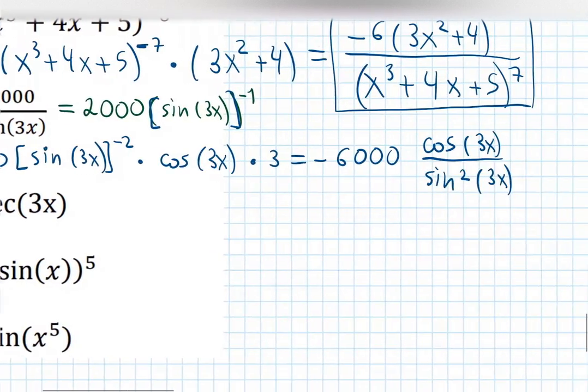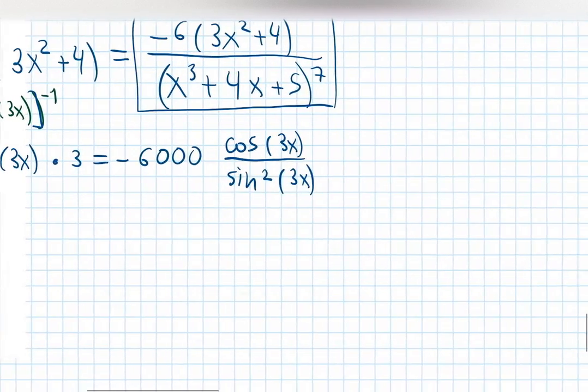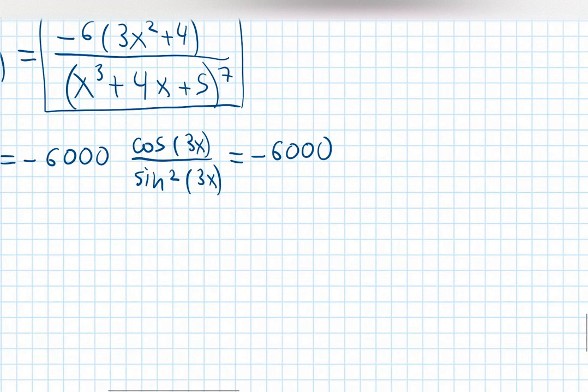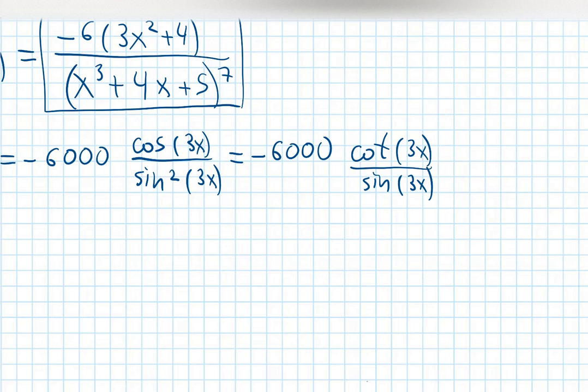But I also see in my solutions, which I'm checking with, that they use the fact that cosine and sine are connected, and they rewrote it as negative 6000. Cosine over sine is cotangent of 3x. But there's still one sine left, right?